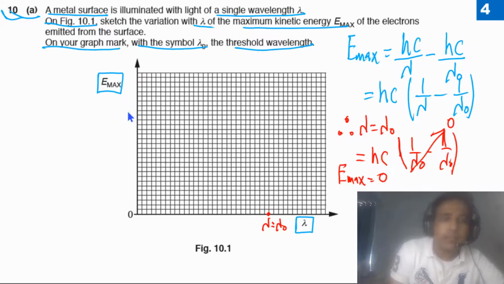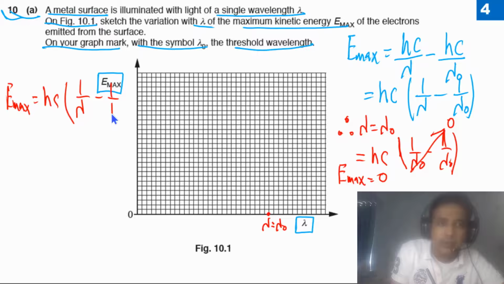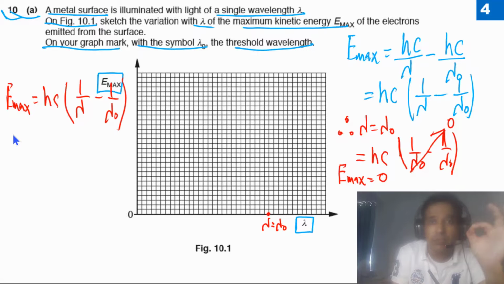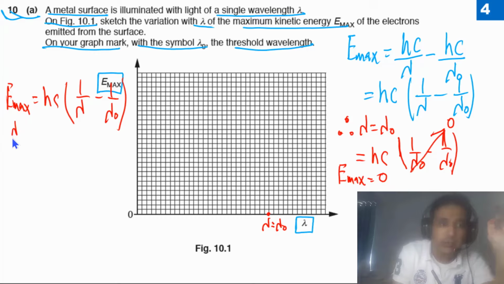Now we can look at the second case. We can say this is over, case 1. In the second case we have Emax equal to hc times 1 over lambda minus 1 over lambda naught. Now we can consider the extreme case when lambda is equal to 0.